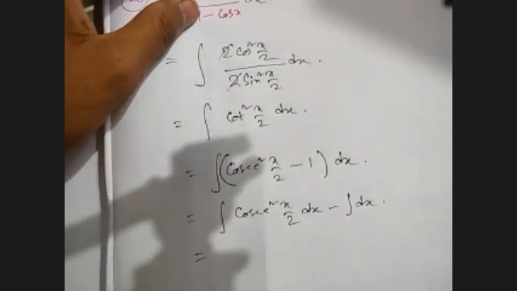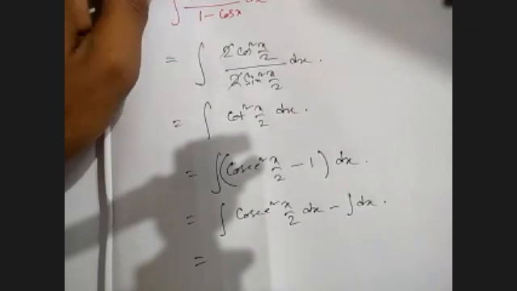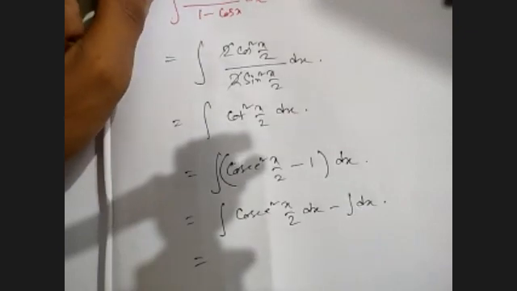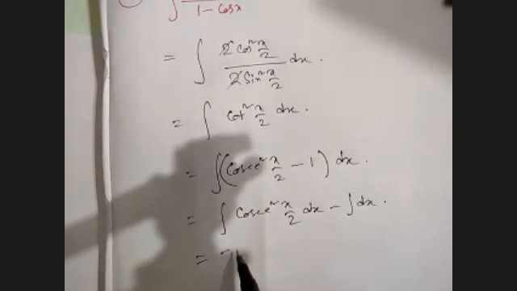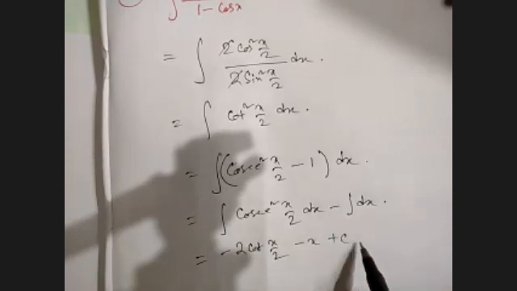So what is the formula of cosec square x by 2 dx? Minus cot x by 2 divided by half. That means minus 2 cot x by 2 minus x plus c.